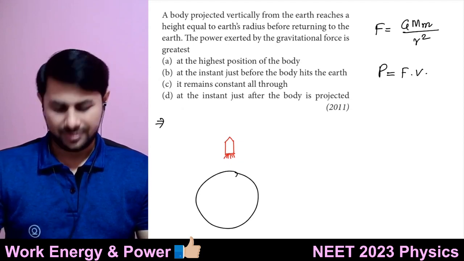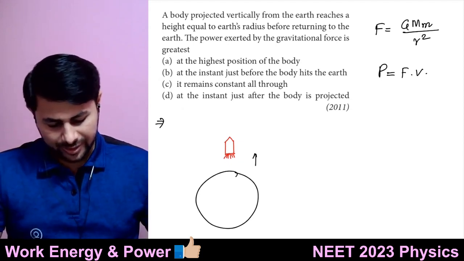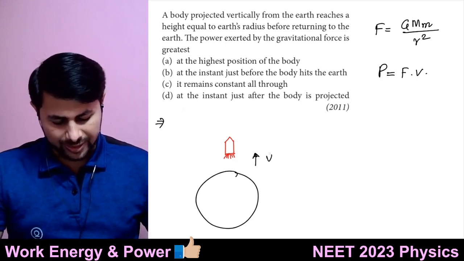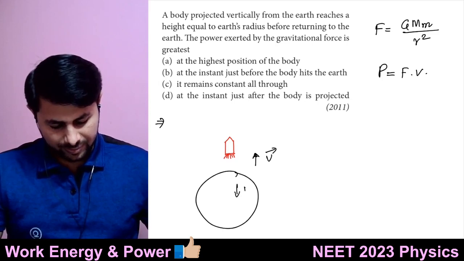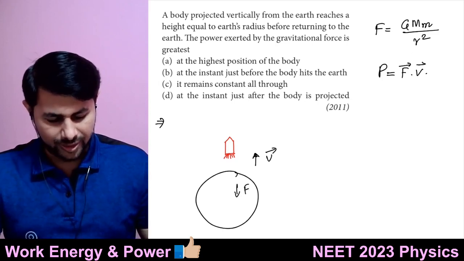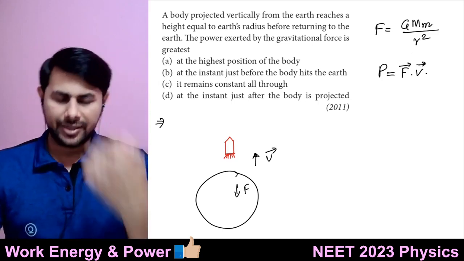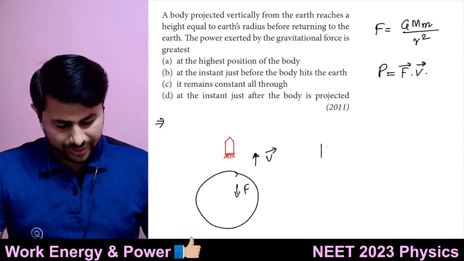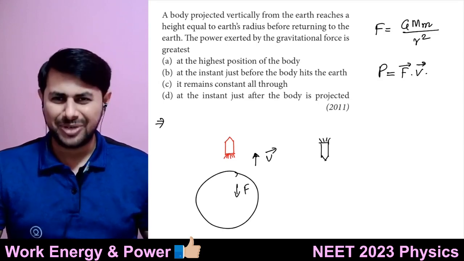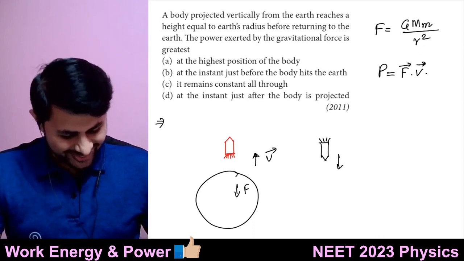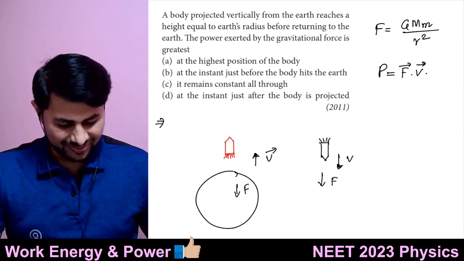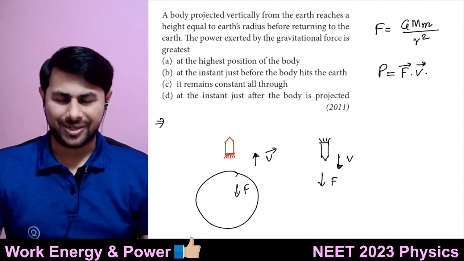See, when it is projected, the velocity is upwards and force is in the downwards direction, and this is a dot product. When the rocket comes back to the Earth, velocity is in this direction and force is also in this direction, because Earth is always pulling it.